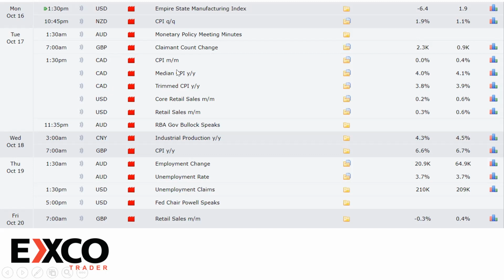That's the CPI month on month, median CPI year on year, and the trim CPI year on year. So you need to watch out for all of this in case you trade the Canadian dollar. Of course, oil is rallying, so who knows? It definitely should affect the outlook for the Canadian dollar.